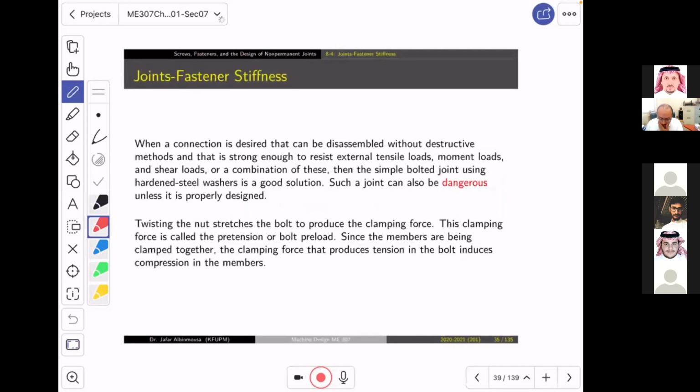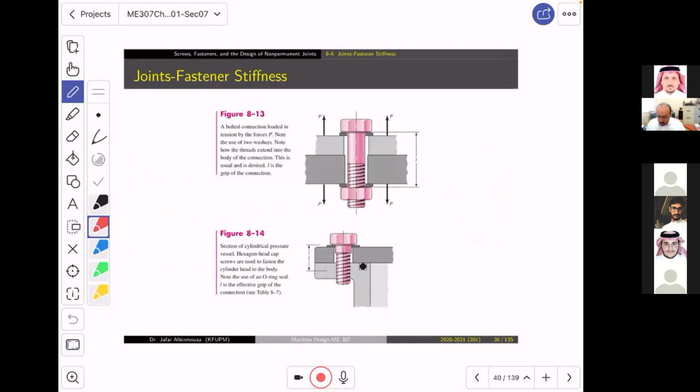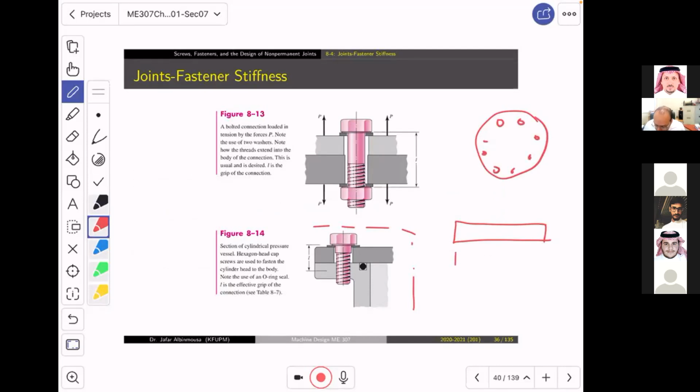Now, what is important is that the purpose of those threaded fasteners is to join two members together, to clamp. This drawing is showing you something like this: a flange, which is a round disc with holes on it, and then a pipe like this.